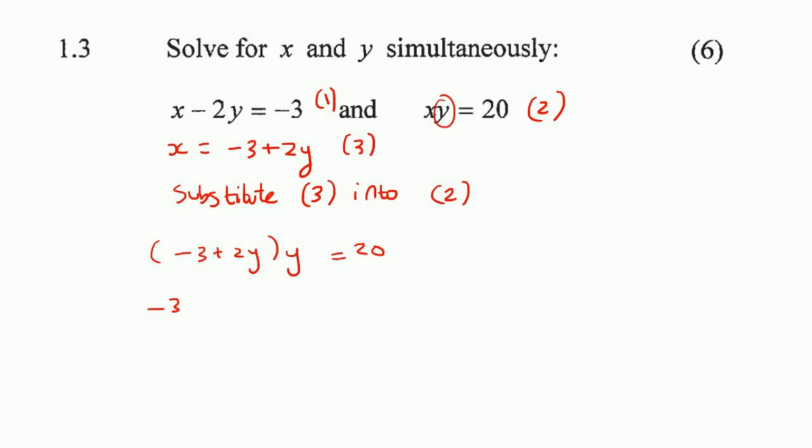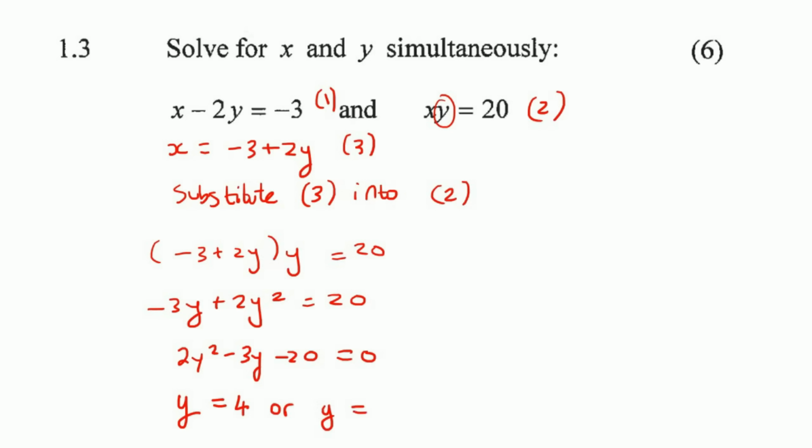So I'm going to end up with minus 3y plus 2y squared equals 20. I'm going to take everything to the left-hand side. I'm going to use the quadratic formula, but you can factorize this one. It does factorize. If you've solved this one, you should end up with y equals 4 or y equals negative 5 over 2.